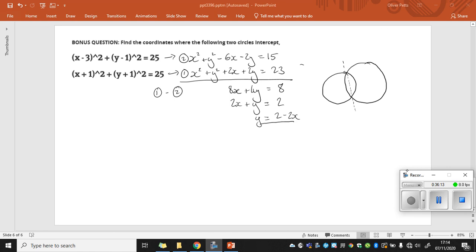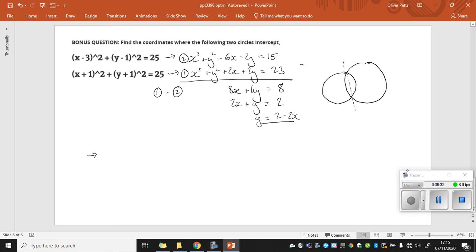Okay, so how can I use this line then? Imagine I wanted to find the intersection between the line and one of the two circles. How would I do that? I would substitute this line equation into one of my two circle equations. So let's look, for example, at the bottom circle equation.